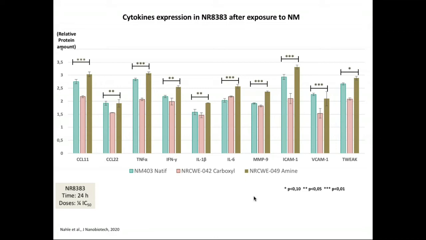And as you can see on this slide, we have quite a similar answer for all the cells, which each have overexpression of cytokines, and an overexpression for the amine compared to pristine carbon nanotubes, and, but it's not true for all cytokines, an underexpression for carboxyl.